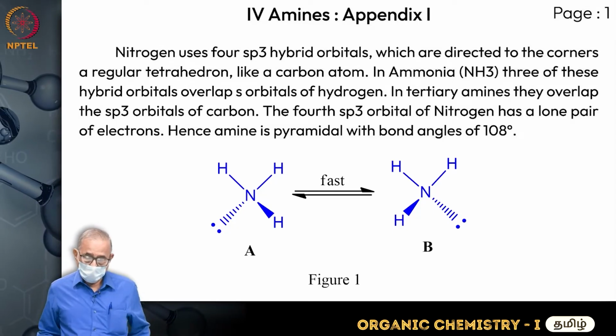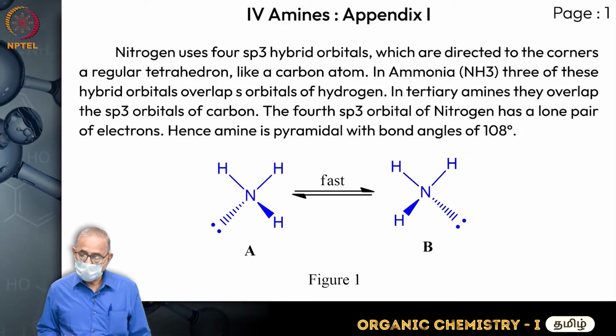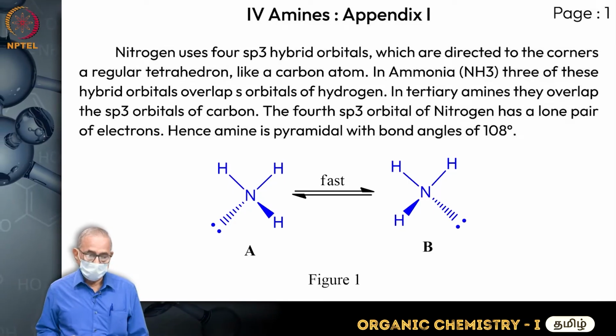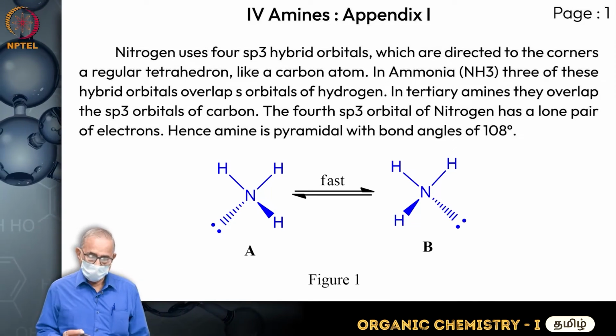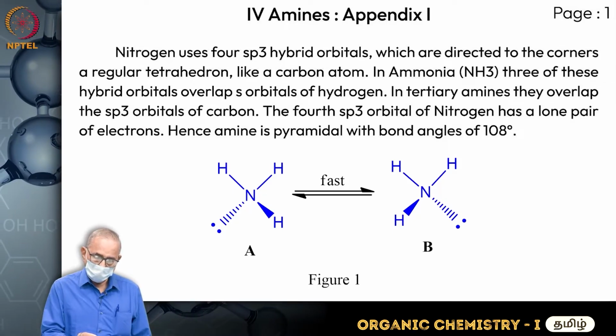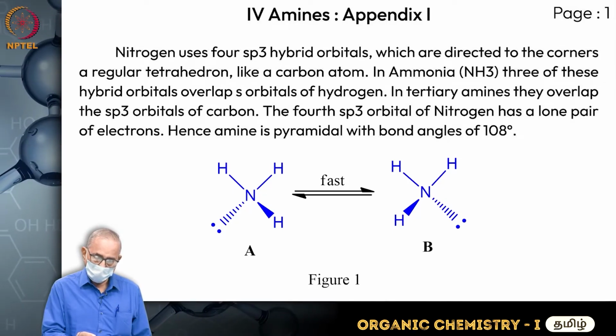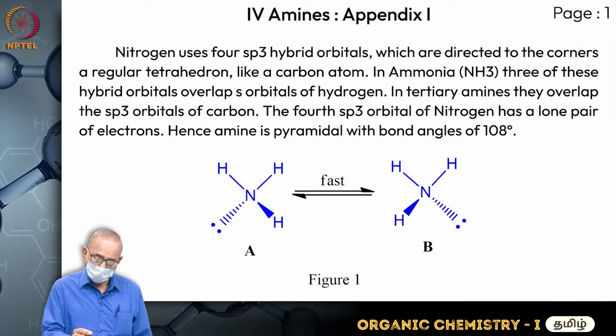Nitrogen uses 4 sp3 hybrid orbitals which are directed to the corners of a regular tetrahedron like a carbon atom. So, this is how the ammonia molecule is. This nitrogen is sp3 hybridized. The sp3 hybrid orbital is attached to this hydrogen.